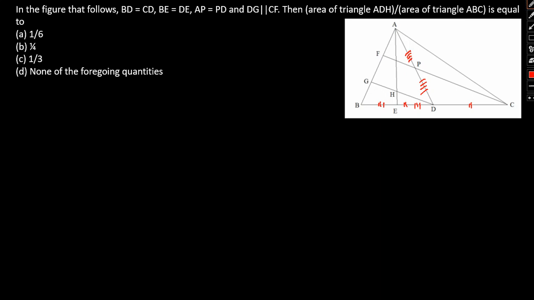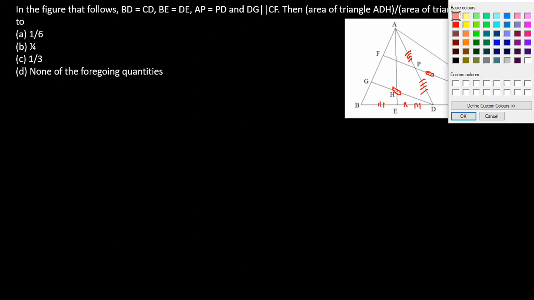Okay, so this is given, and DG is parallel to CF. Okay, they are parallel to each other. Then the area of triangle ADH divided by the area of triangle ABC will be equal to what? So let's take a look how we can go about solving this.